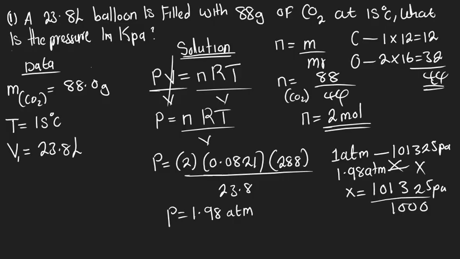This was in pascals. Now for kilopascal, you divide by 1000. And our final answer becomes 101.325 kilopascals. Any question on that?